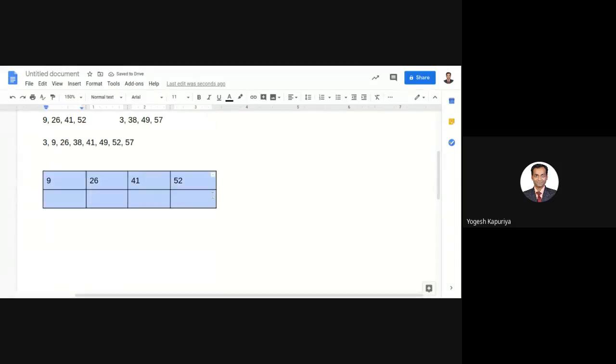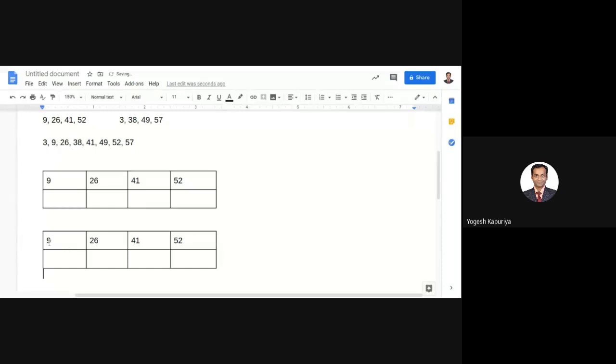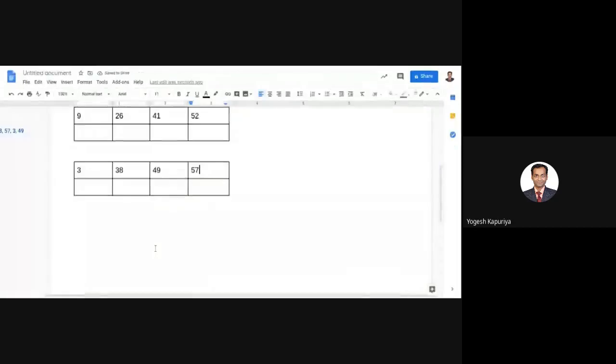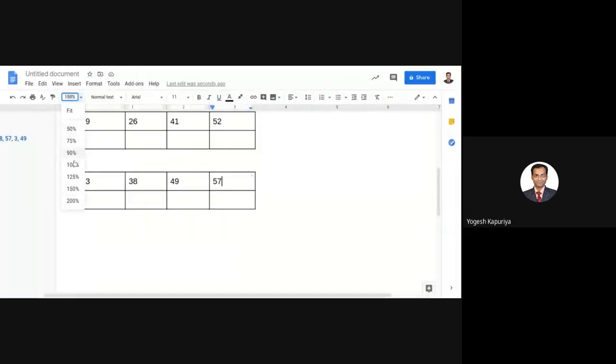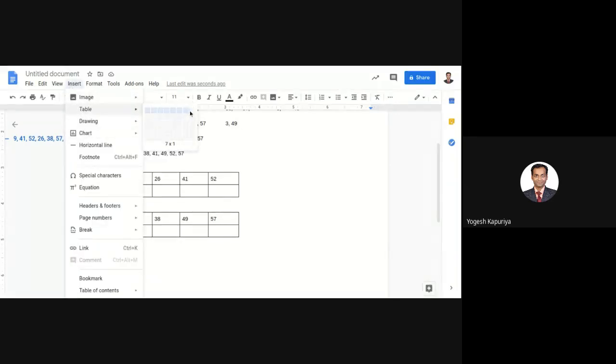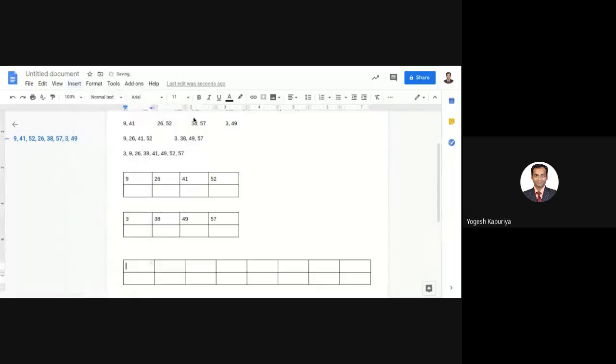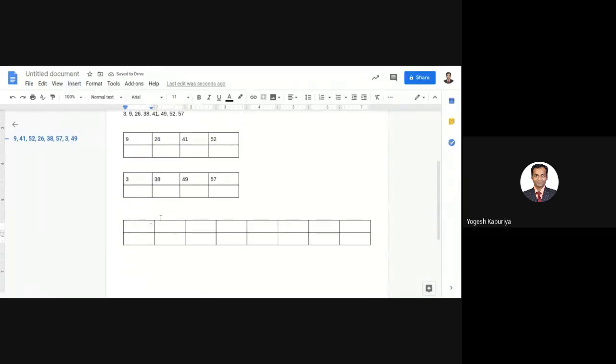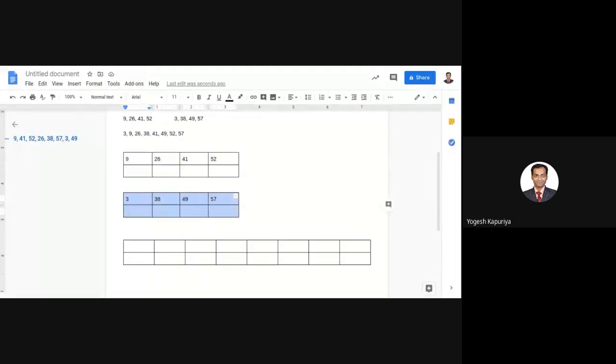You have another part which has 3, 38, 49, and 57. Let us assume that you want to merge these two parts together. Obviously when you merge these two together, you will generate this array.